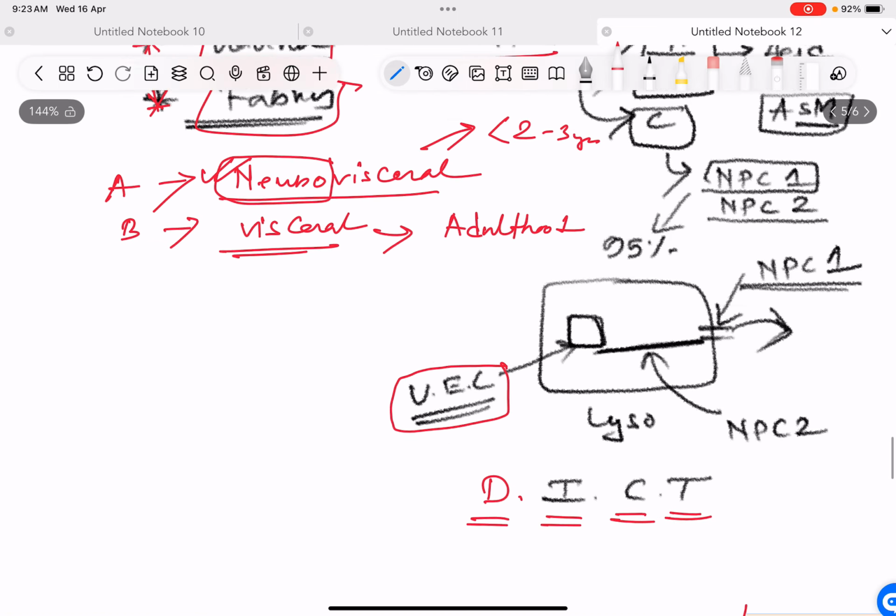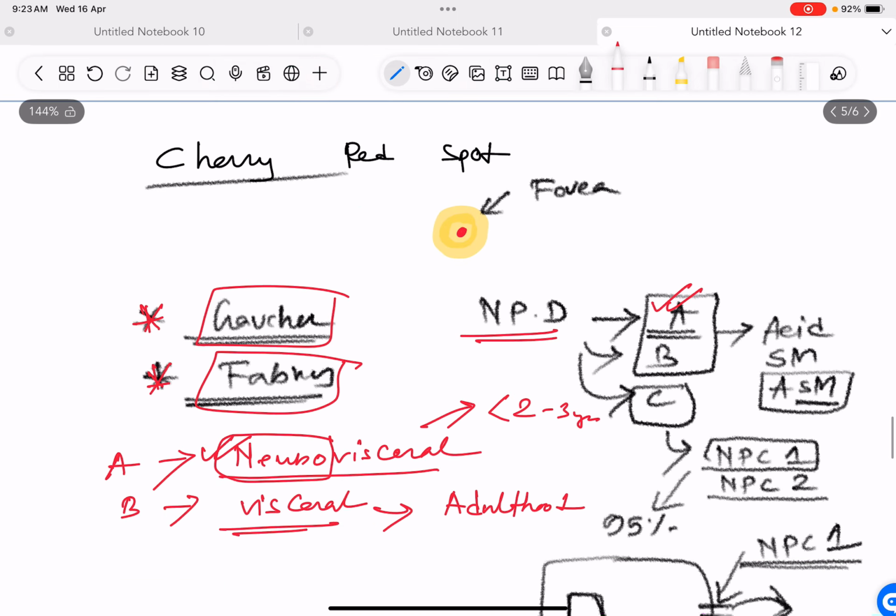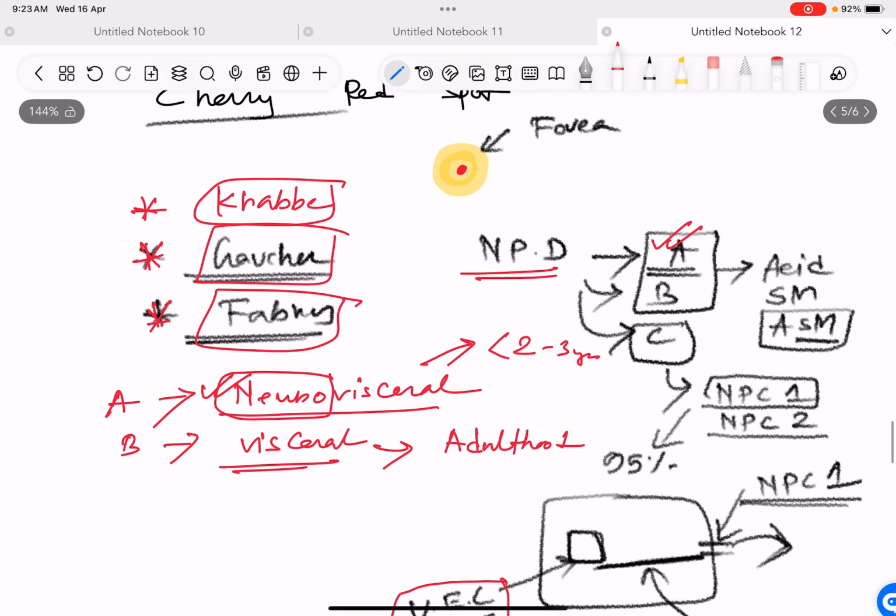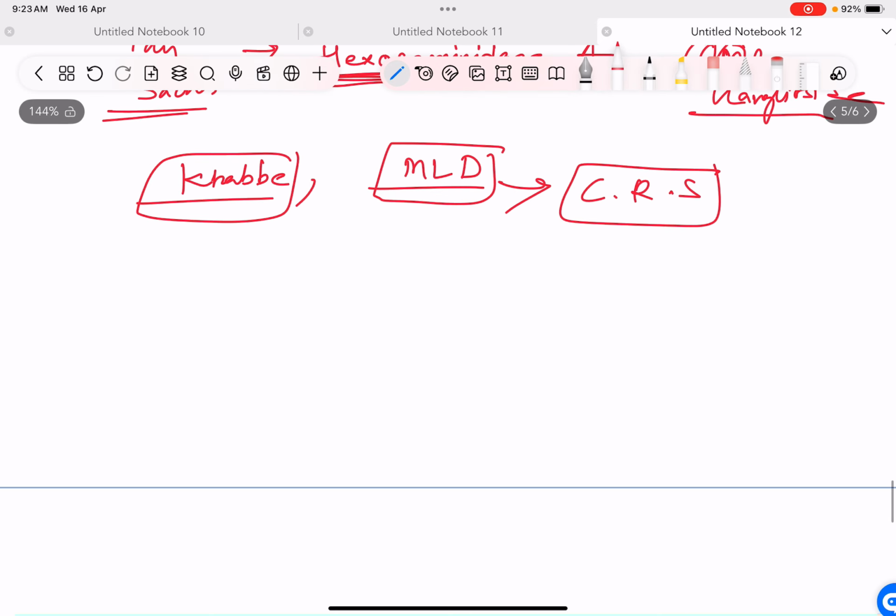I had made a little confusion and said it wrongly. So it is not found in 3 conditions: Gaucher, Fabry and Krabbe. In Gaucher, Fabry and Krabbe, you will not find the cherry red spot. You will find that in Niemann-Pick disease type A, you will find that in Tay-Sachs disease, and you will find that in metachromatic leukodystrophy.